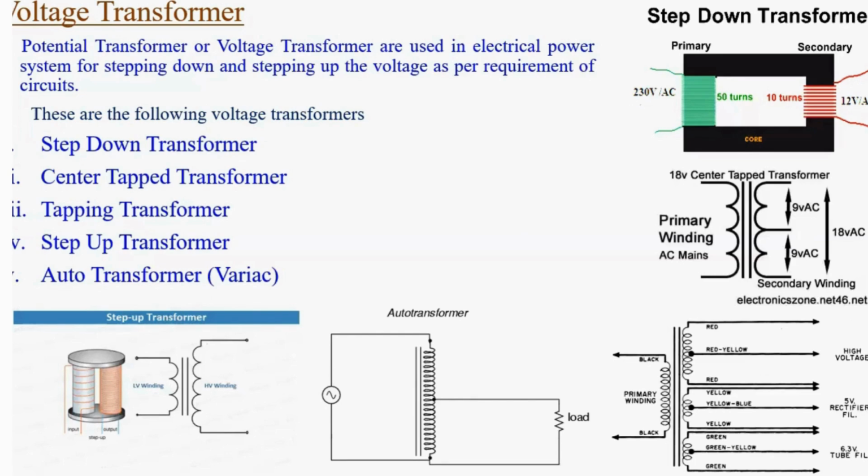But in practical application in industry, we will use step-up transformers, step-down transformers, center-tap transformers, and multi-tapping transformers only. Step-up transformers are only in the electrical industry; electronics and other industries use step-down, center-tap, and multi-tap transformers.